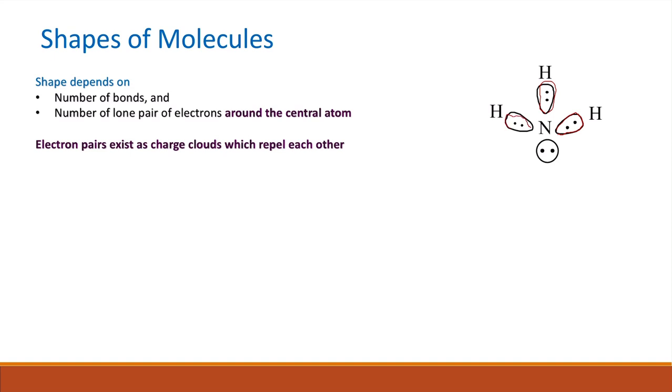Three of these are bonded, a covalent bond between the nitrogen and hydrogen, and just one of these is a lone pair of electrons. The lone pair of electrons are these two electrons which are not contributing in a covalent bond. So the main idea here is to keep the electrons as far as possible in space due to the repulsion between these charged clouds.